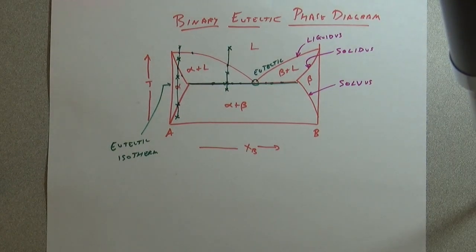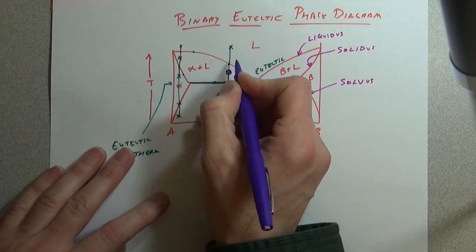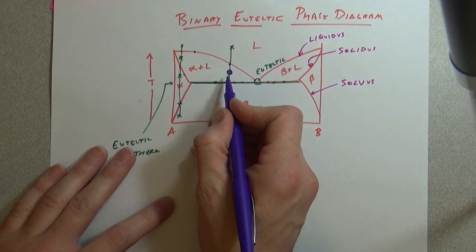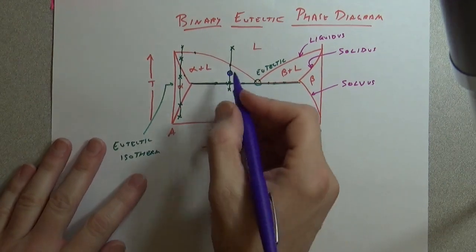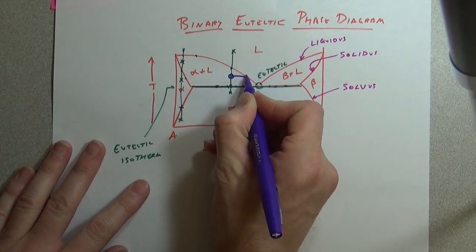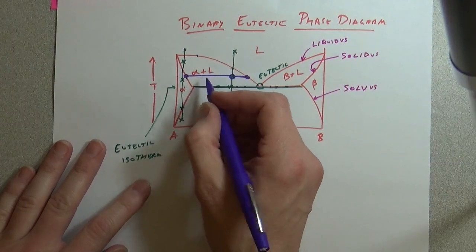So we can do exactly the same thing we did before in terms of reading the composition. So let's say I'm at this point, and I want to say, okay, what is the fraction of alpha versus fraction of liquid? Well, I draw my tie line. I then measure these distances.